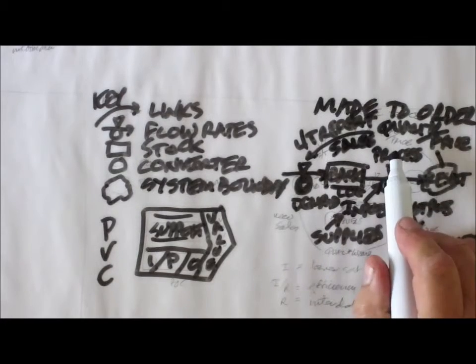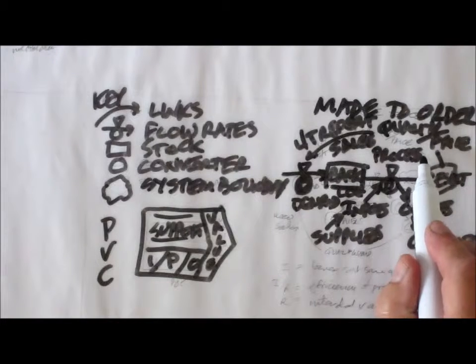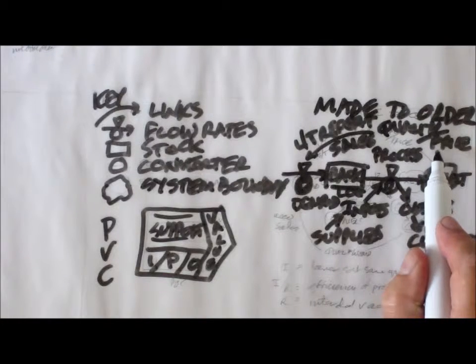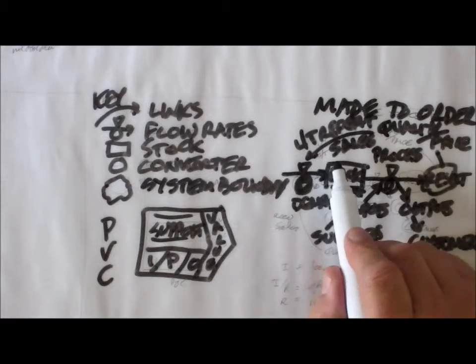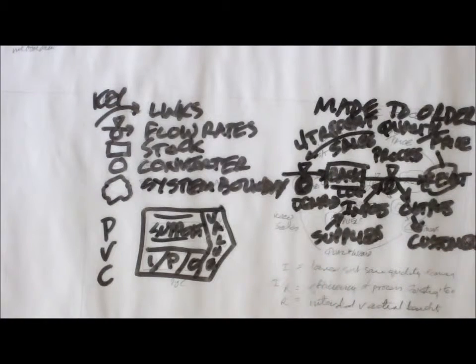However, if the quality to price ratio is much lower than that, then you get a short-term effect called rework, because the equipment that's been provided, the service, has been faulty in some way.